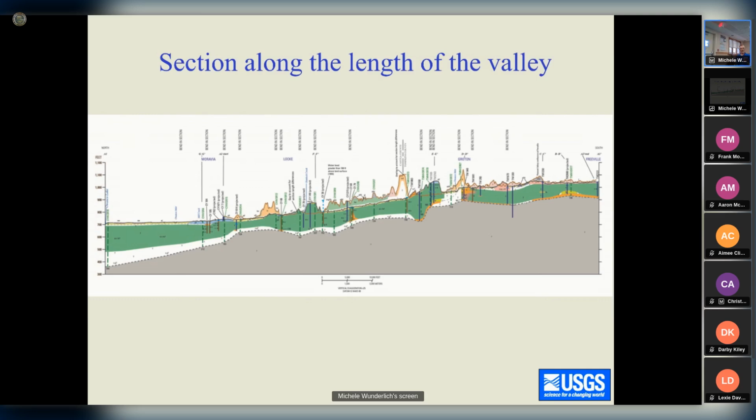If there's no lake forming as the ice retreats, then you just see it at land surface. They're very interesting features, and on the LiDAR they stand out. So eskers can be good aquifers. If you see them at land surface, they're generally above the water table, so they're unsaturated.